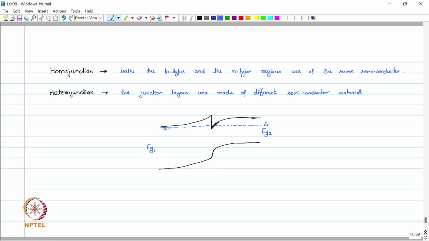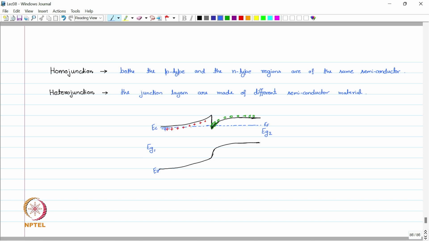Let's say we have positive charges here, and we have electrons here. This is EC and this is EV.